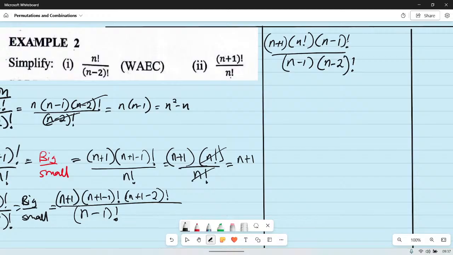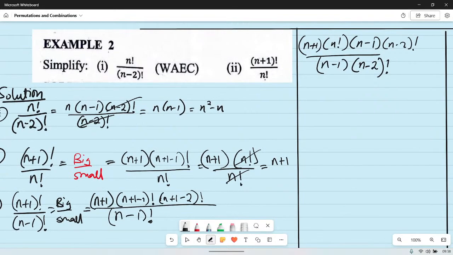That means this one too can be continued. The n minus 1 can continue this one, n minus 2 factorial. Let me delete this one and see.